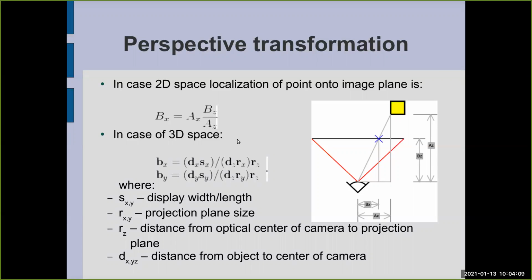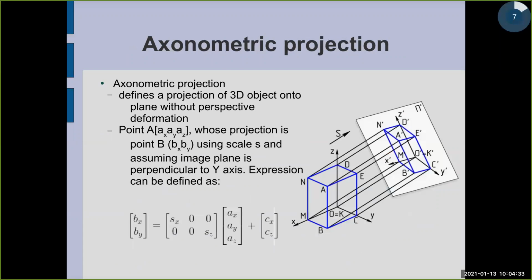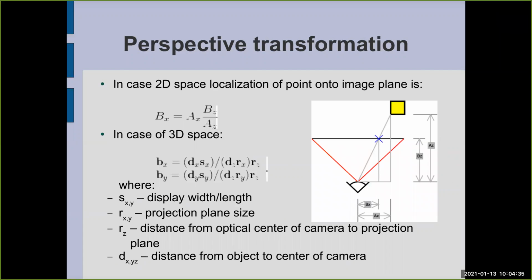But in computer graphics, both the axonometric projection and perspective transformations are quite popular. So you should understand what it is and how it works, mostly in a geometrical way. These are two technologies which are used to make the image flat, because it doesn't matter whether the scene is 3D or not.